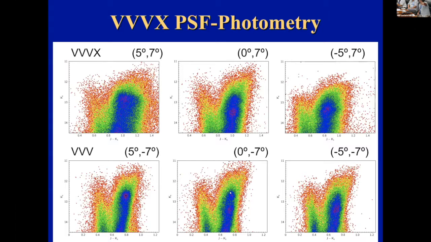Okay, yeah. You clearly see that, for example, for the 0.7 degrees, let's say J minus K, and then 0 to 0.7. I think, sorry, hold on one second. I think that the scale is the same. The colors are not the same because the extinction is different, but the color range is the same. The scale is right.